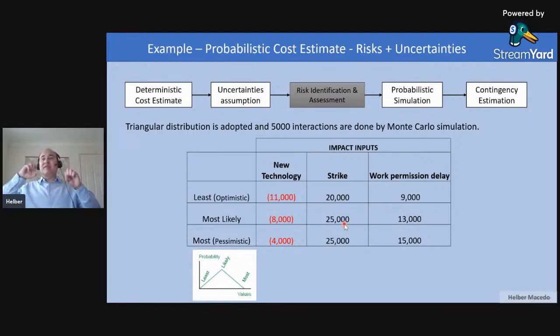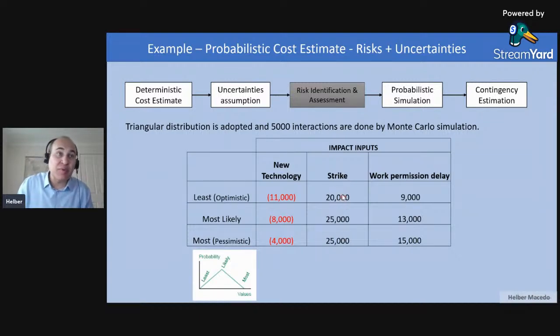And after these inputs, we will run a simulation. So I will do the simulation for the uncertainties, remember, salary and duration, plus these risks. So in some simulations, we will have risk opportunities happen, so we have a saving. In some scenarios, we have the risks happen, one risk or two risks, and the impacts will be moving between these numbers.